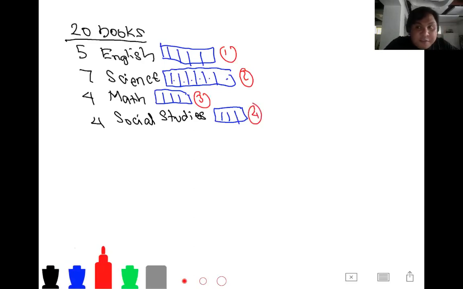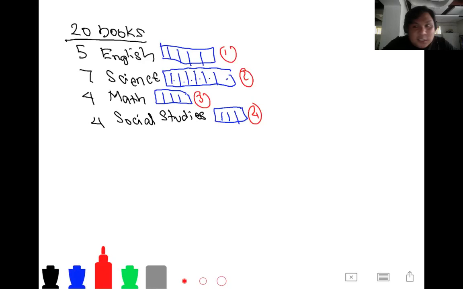We have the group of English books, we have the group for science, we have the group of math books, and we have the group of social studies books. Thus, the problem simplifies to just arranging 4 groups, right? So how many ways can I arrange 4 groups in a line?